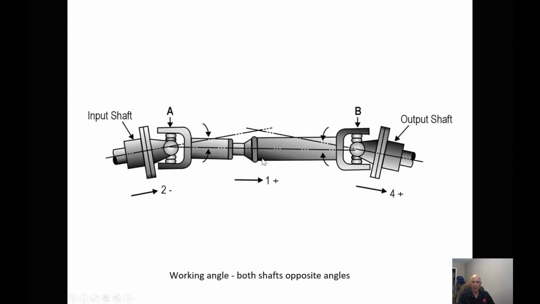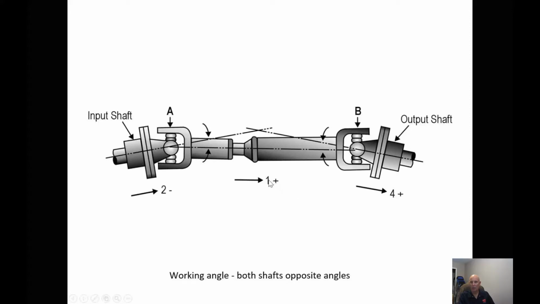Now, when we take a look at a broken back or non-parallel setup, if we have a minus 2 and a plus 1, we end up with 3. So if we go minus 2, minus 1, 0, plus 1, we end up with a 3. So we add these together. But if we have a plus and a plus, again, we subtract.